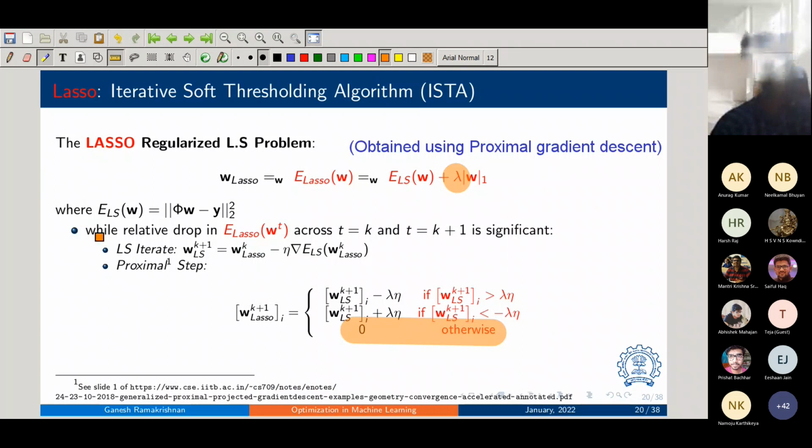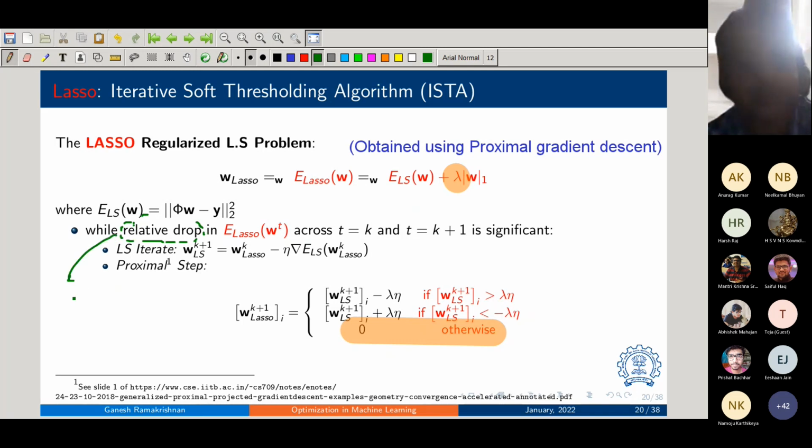Relative drop in E-lasso, basically the drop in the lasso error. What we are saying is that while the drop in the lasso error across two iterations is significant, that means there's some improvement in the loss. Let me write this expression for relative drop.